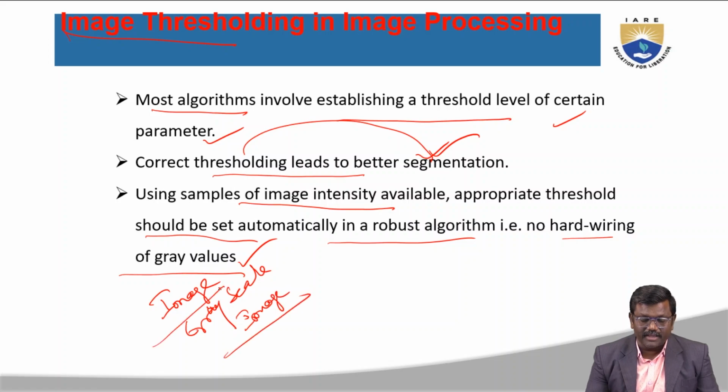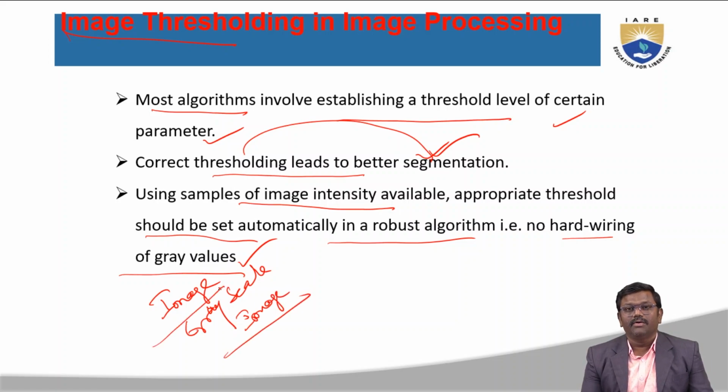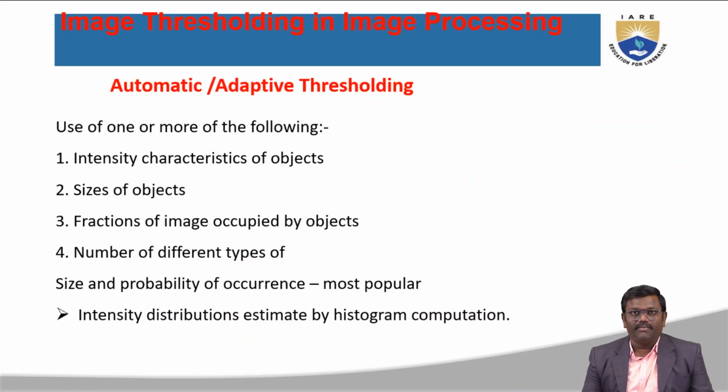Being a grayscale image, we are going to improve the significance of the segmentation process. Once you understand the simple threshold value, which we use as an image threshold for improving the segmentation process, let me see what adaptive thresholding means: nothing but automatic thresholding.